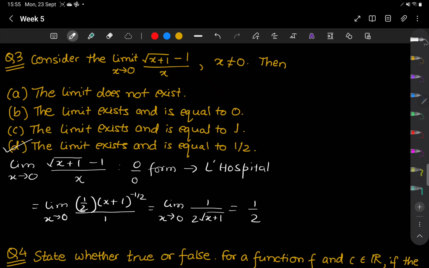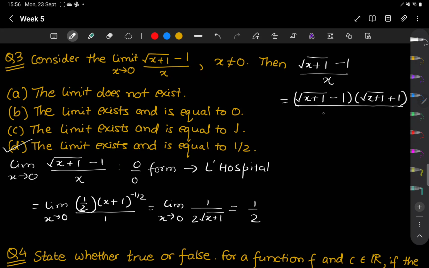Again, another way to do this would be rationalization. So you have (square root of x plus 1, minus 1) over x. You can do rationalization, that is multiply and divide by the following, by this term. So a minus b, a plus b, that's a squared minus b squared.